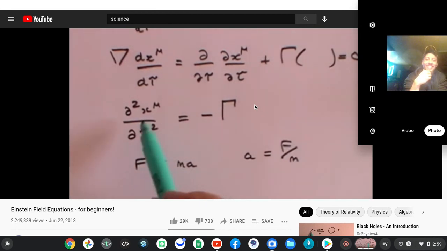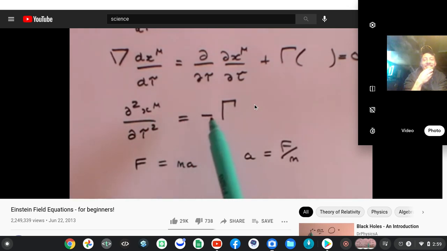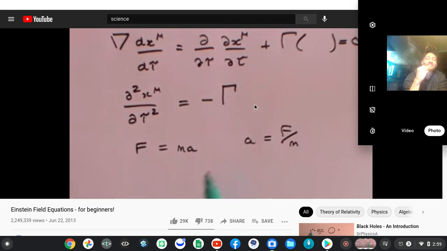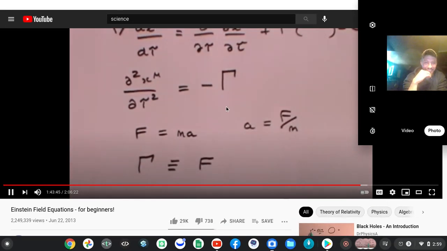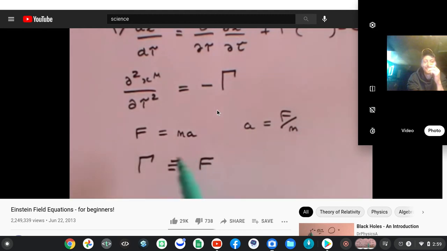And here we've got an acceleration is equal to minus a gamma term. So what we can say is that that gamma term is the equivalent over here of force in Newton's laws. And there'll be a mass term in it as well, but mass is constant, so let's forget about that. This gamma term, this Christoffel symbol, has a kind of broad equivalence to force.